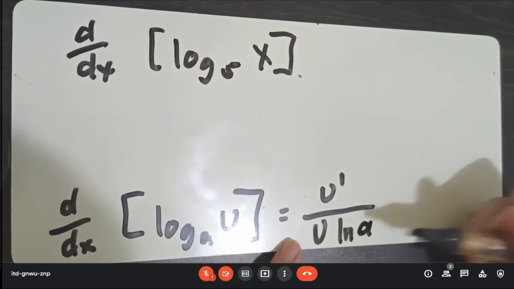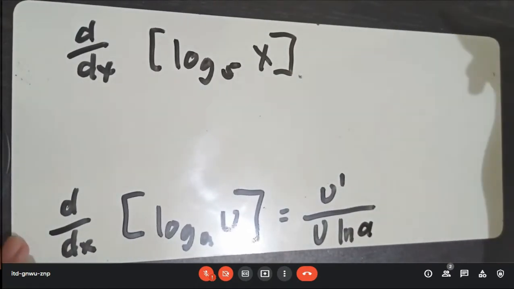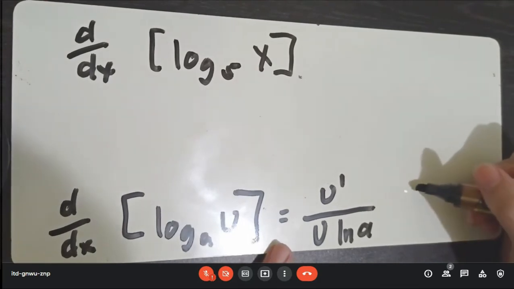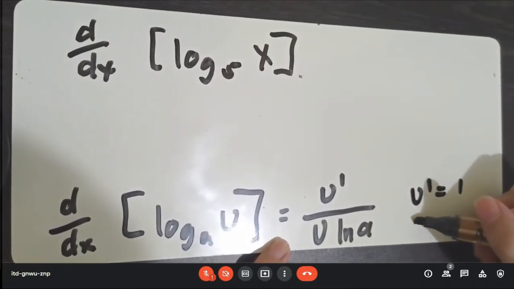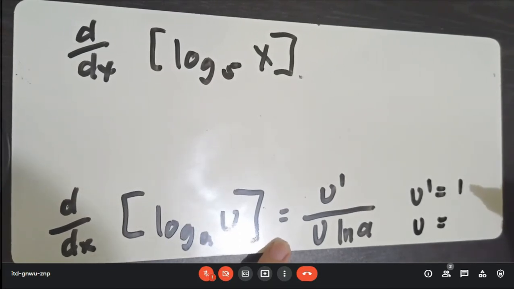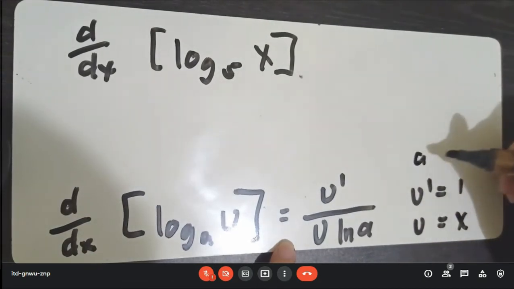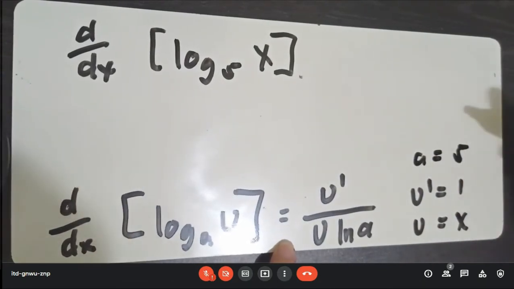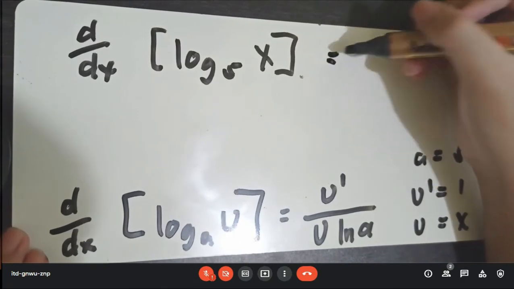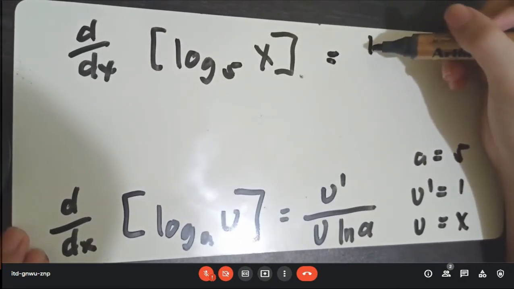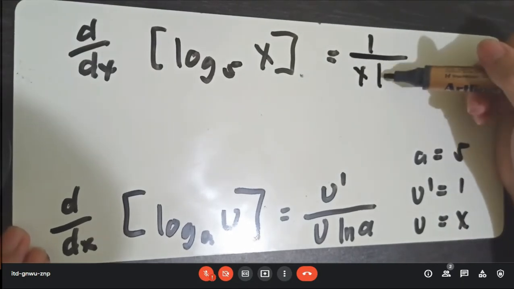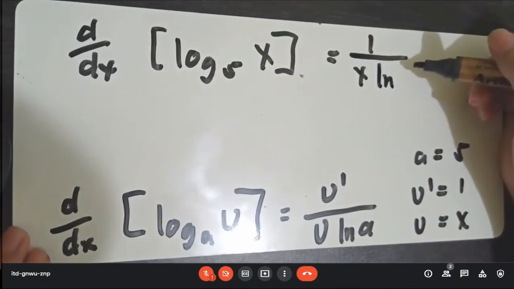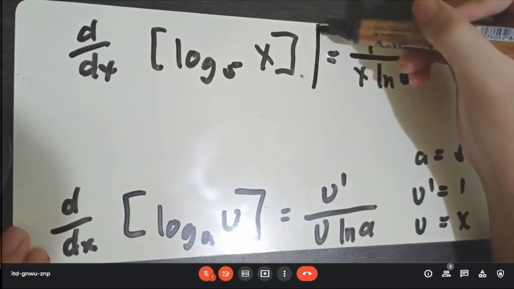So in this example, the u prime is 1 and the u is x and the a is equals to 5. So the answer here is 1 over x ln 5, and that is the final answer.